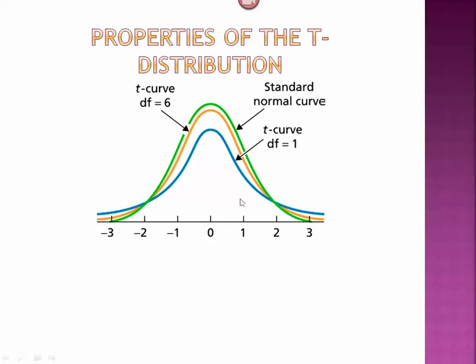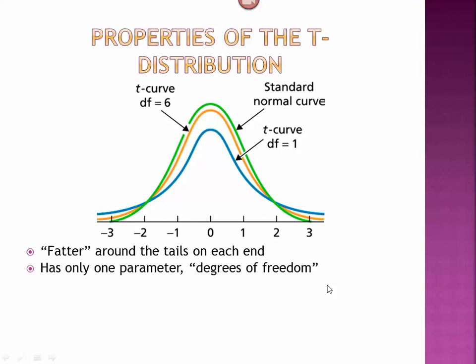However, depending on the degrees of freedom, the blue one has a degree of freedom of 1 and much fatter tails around the ends. Even when we change it slightly, and it changes with every change of the degrees of freedom, we still end up with much fatter tails than under the standard normal curve. This orange curve represents a degree of freedom of 6, etc.